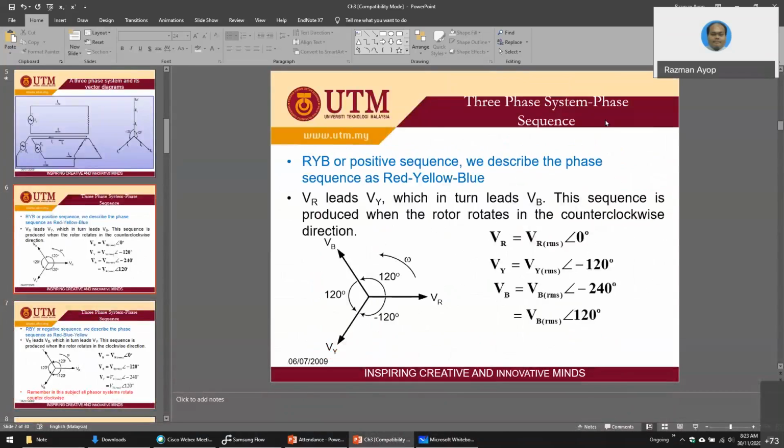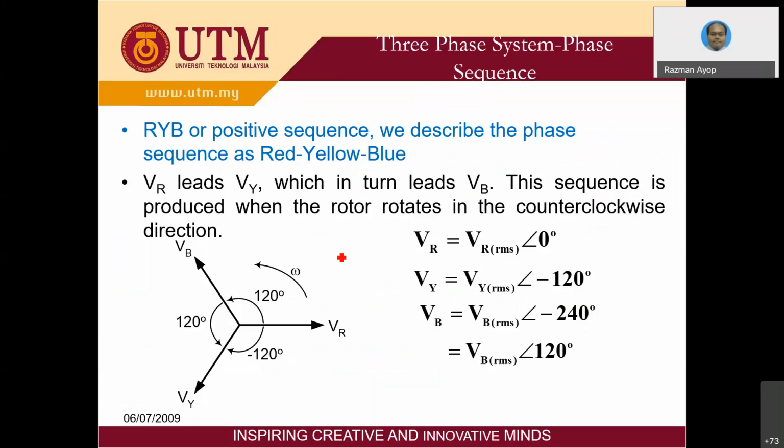So you can read this. VR leads VY, so make sure VR is in front of VY, and it also leads VB.